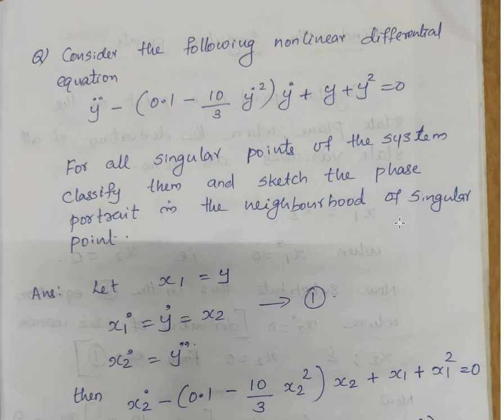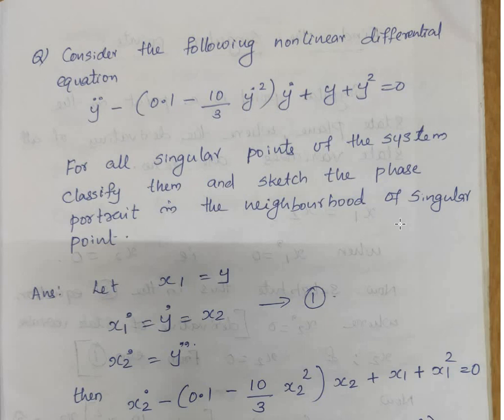That is our question. So, in this problem, we have to find how many singular points there are in this system, and we have to find out the type of singular points.